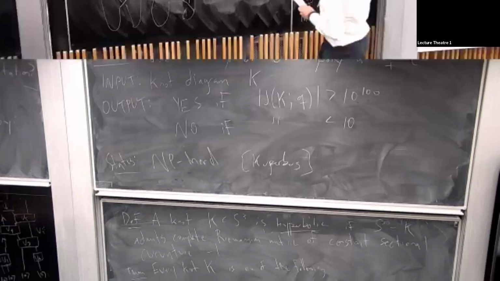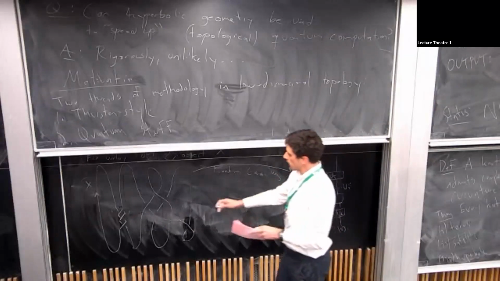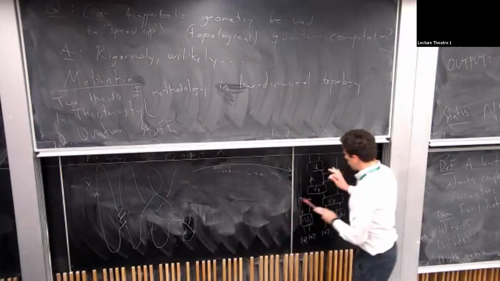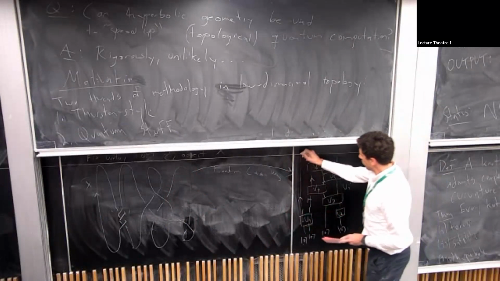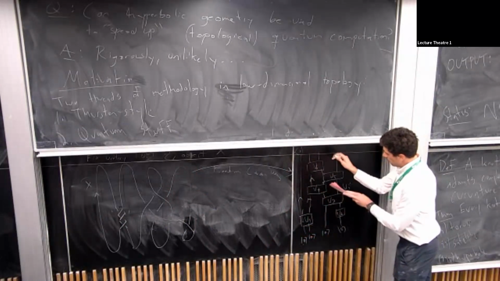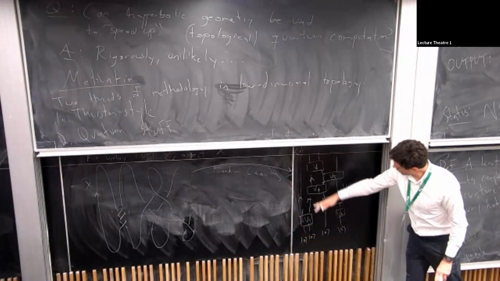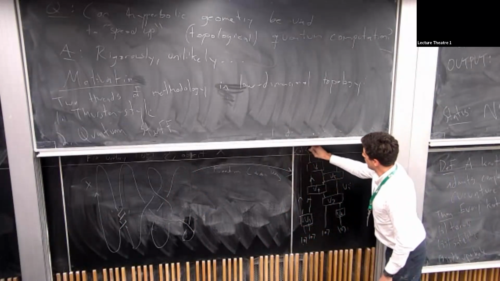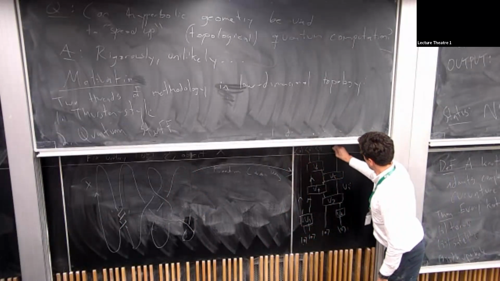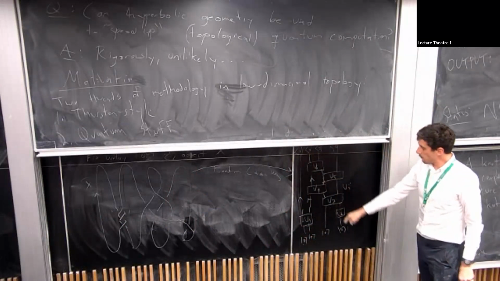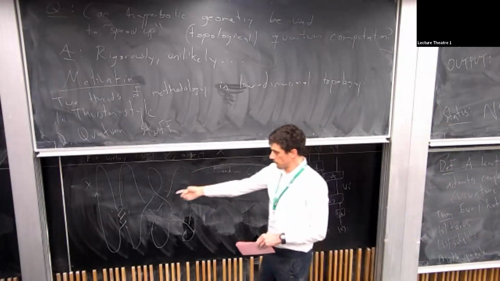What they said was that, given this, you can prepare a quantum circuit so that if you input the all 0 state and then measure the output in the all 0 state, the resulting amplitude will be proportional to the quantum invariant over here.